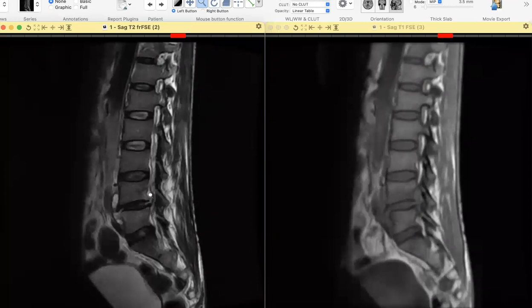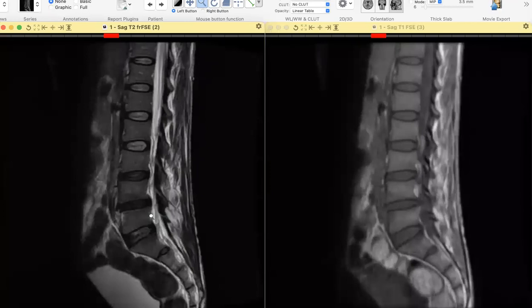So there appears to be some elevation of the posterior longitudinal ligament in this region. Just adjacent to this elevation, the area appears isointense on T1 and hyperintense on T2.